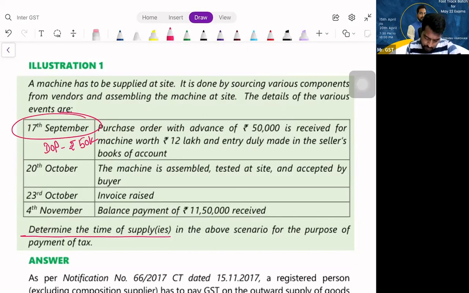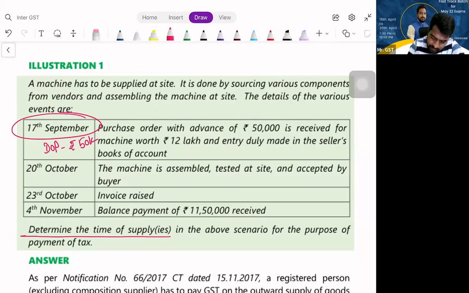What is the 20th October? On 20th October the machine is assembled, tested at site and accepted by the buyer. Does it have any relevance? Yes, that is the due date according to section 13. Are you able to understand? Because the machine is delivered to the customer or made available, on or before that date you should have raised the invoice.